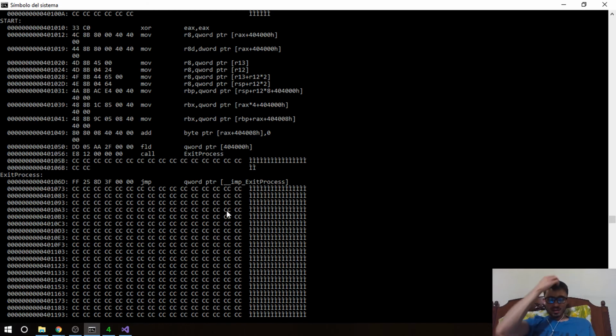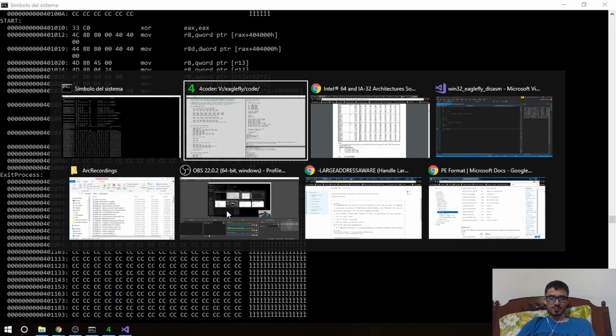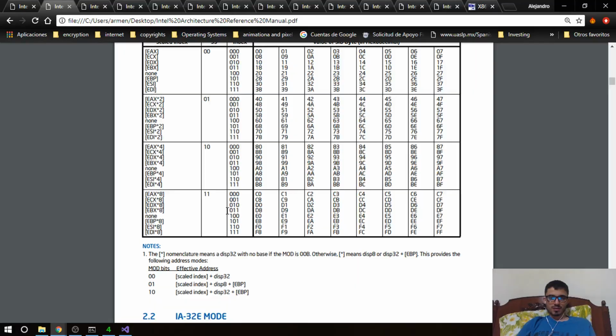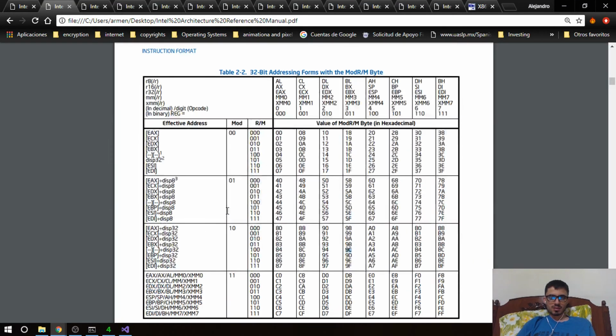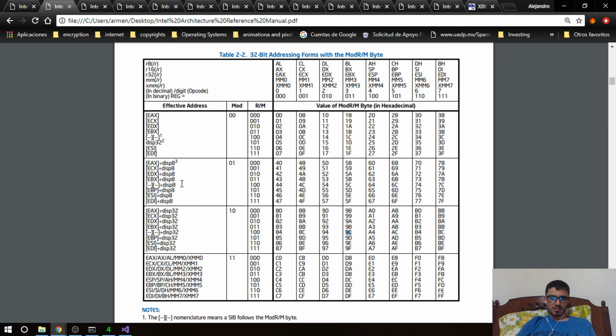We know that it's gonna be using the SIB. We want RBP, and we want a 32, well, an AB displacement. So therefore we need AB displacement with RBP, that means 5C.